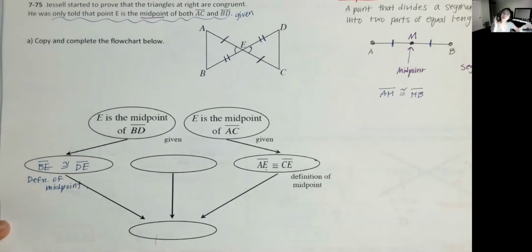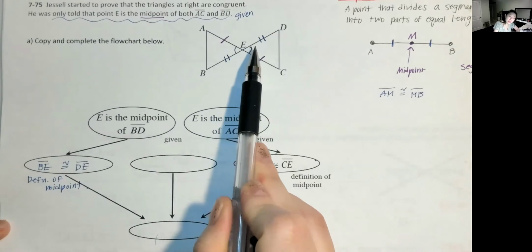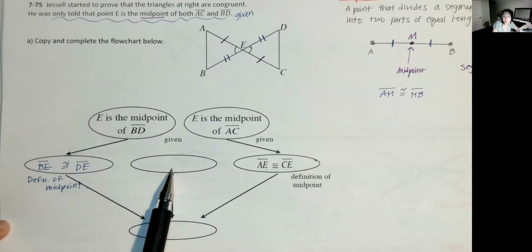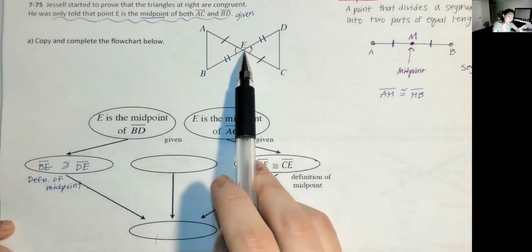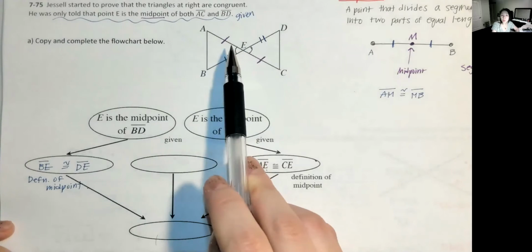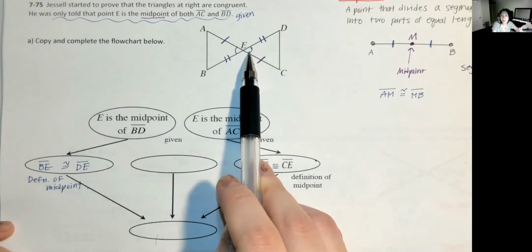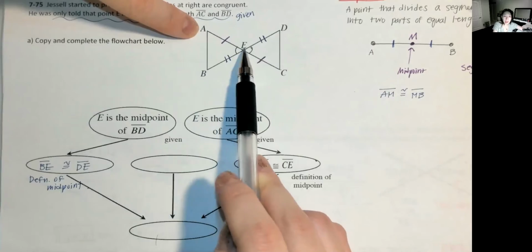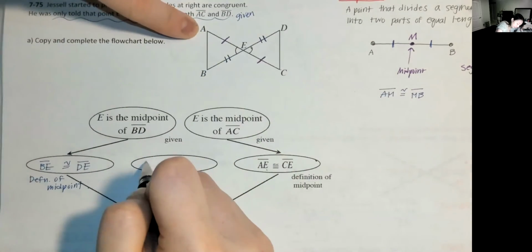And vertical angles are always congruent, right? So we could say this angle is congruent to this angle, and we can put that into this third bubble. Now be careful. Again, we got two angles named after just one letter. So we're going to have to name them separately. So I'm going to call this angle AEB.